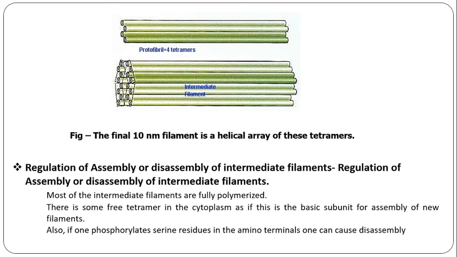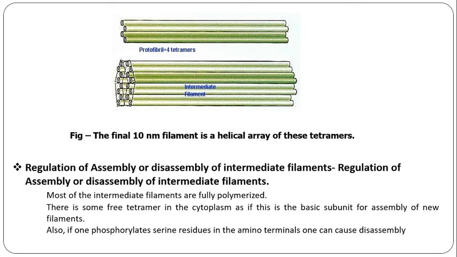If you add it to a cell that does not normally produce these filaments, then it will not be added to the cytoskeleton and the system will not light up. So also, phosphorylation of serine residues in the amino terminals can cause disassembly. So this is the regulation of assembly and disassembly of intermediate filaments.